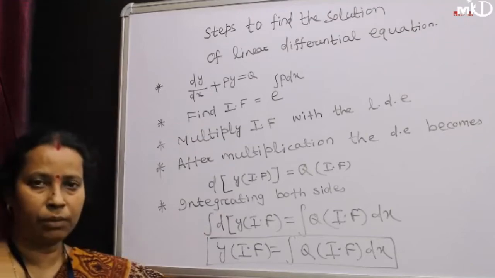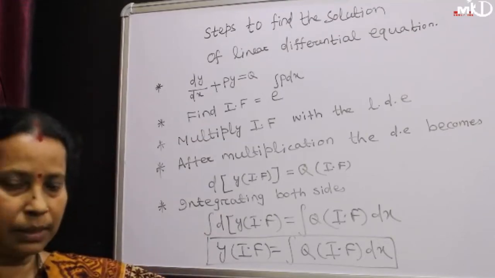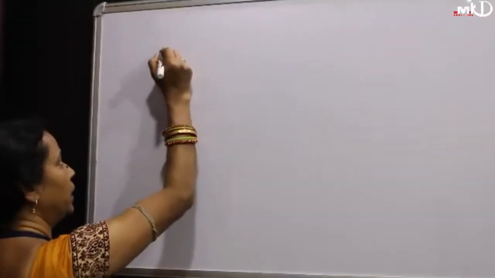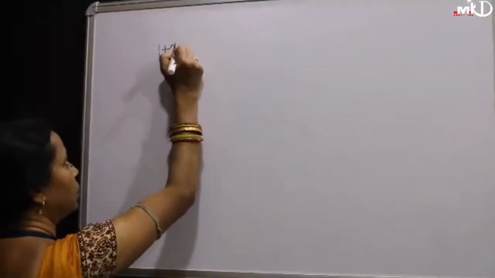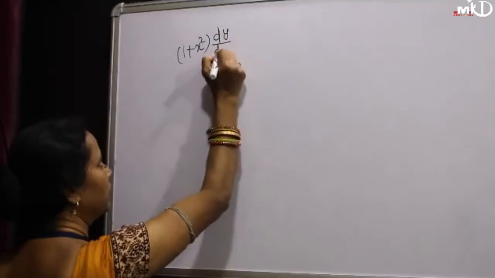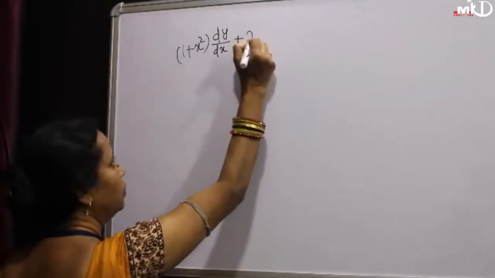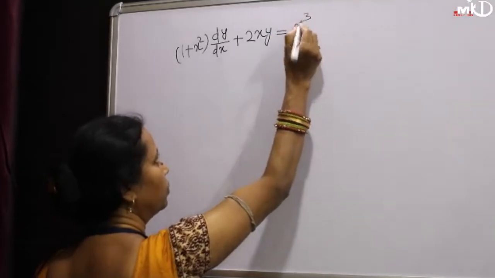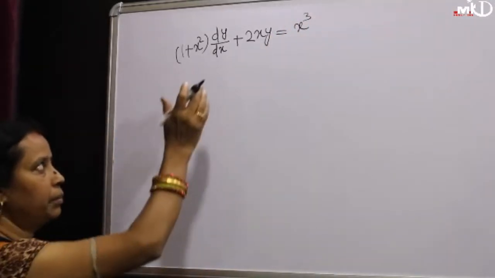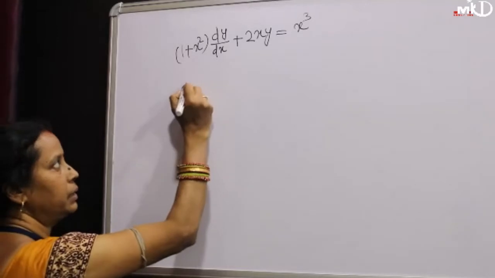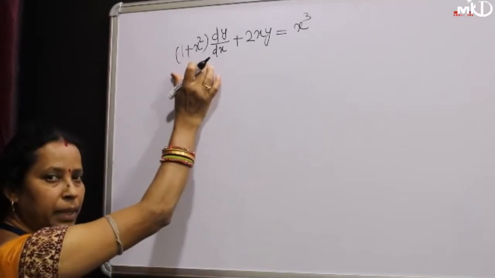Now we take a particular problem and you can understand better. So now we take a particular example: 1 plus x square into dy by dx plus 2xy is equal to x cube. Now we bring this differential equation to linear form, that is, we divide by 1 plus x square.